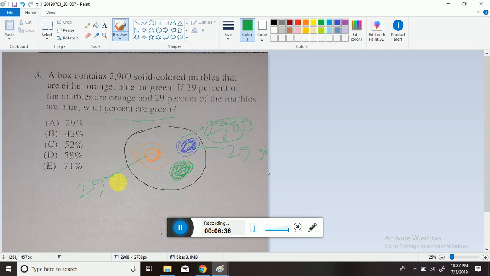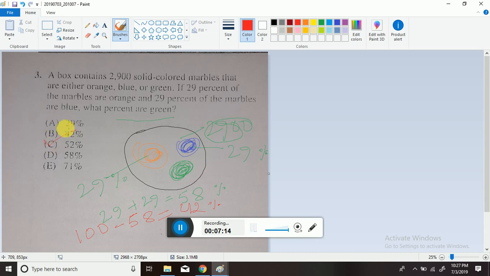So right now we need to know that green, blue and orange all together make 100%. So 29 plus 29 is 58%, which are the orange and blue marbles. Now, what percent are green? The total percent is always 100. So 100 minus the 2 remaining colors, 58, leaves 42%. So we have 42%, which is option B.